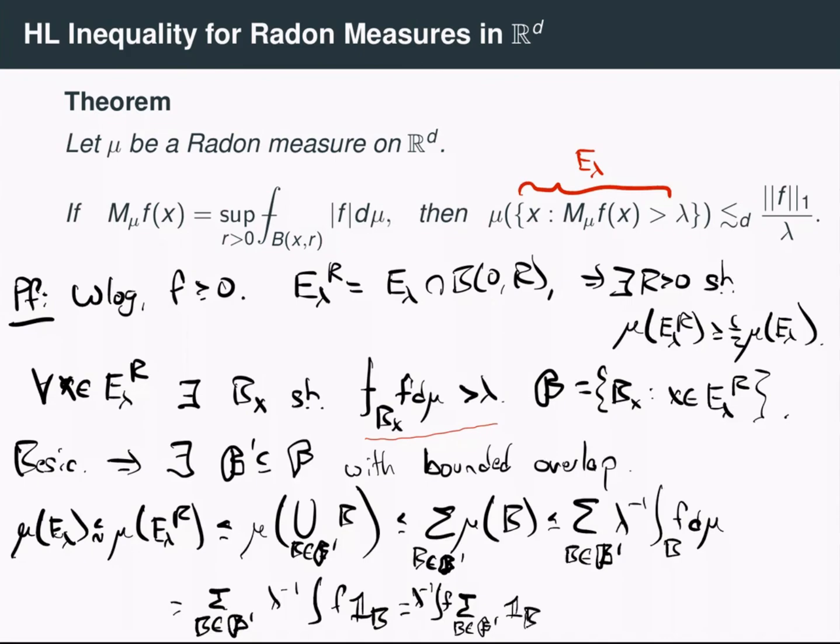Now, by the bounded overlap property, this sum of characteristic functions is at most some constant c. So this is exactly c over lambda times the L1 norm of f with respect to the mu measure. And that finishes the proof of this Hardy-Littlewood maximal inequality.